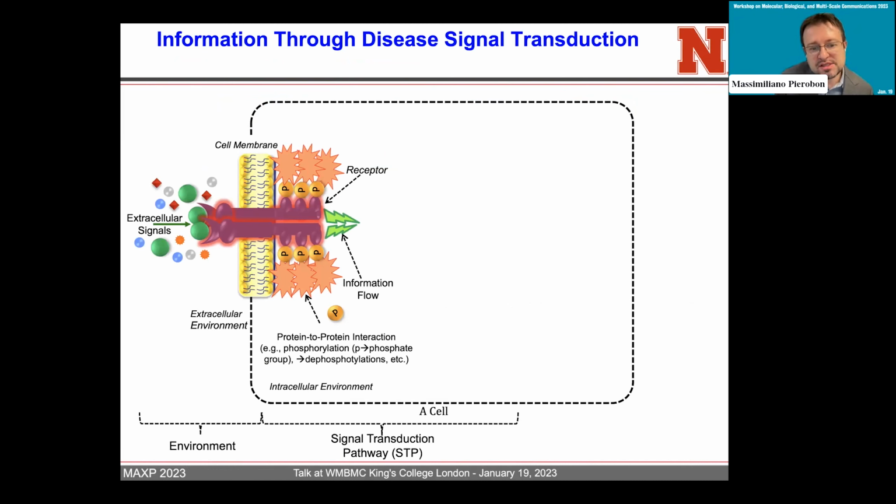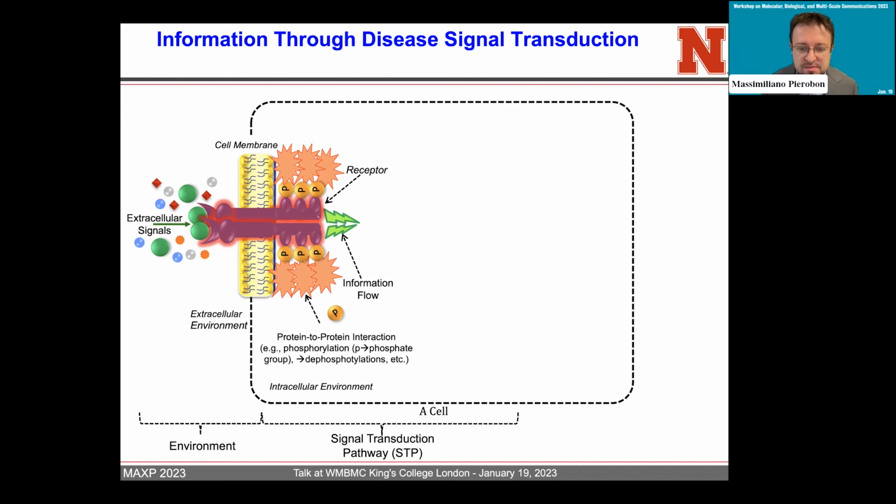So what we focused on is a signal transduction network that concerns a certain cancer. Actually, we are talking about kidney cancer. And why we chose that is because we wanted to show an application of communication theory to medical research.